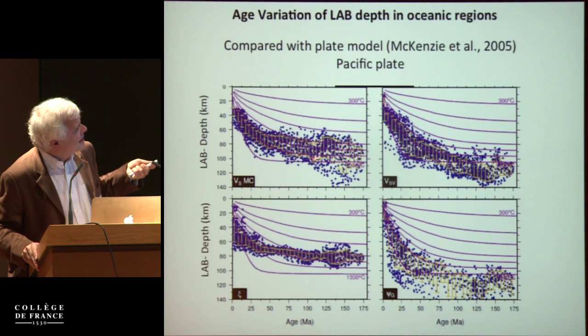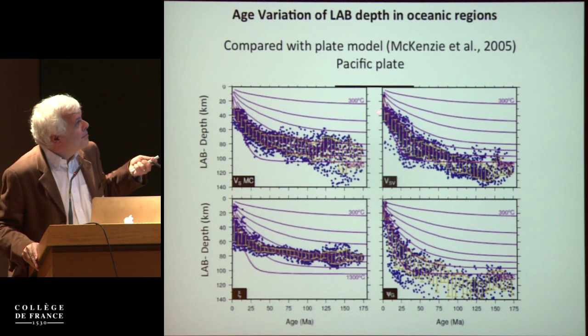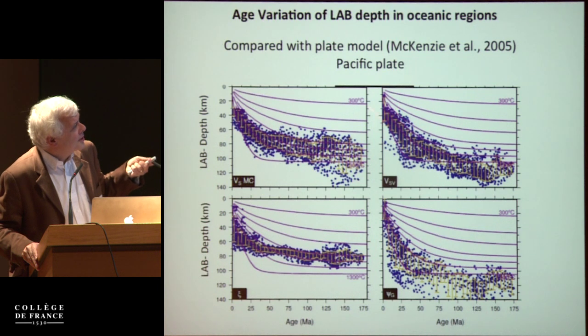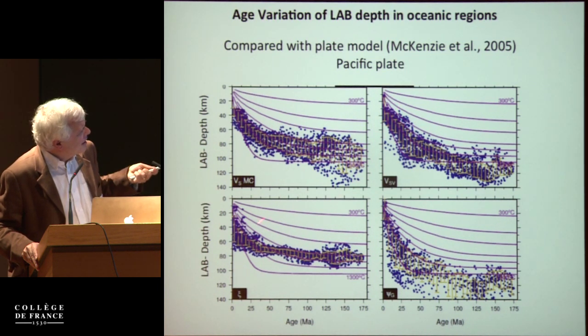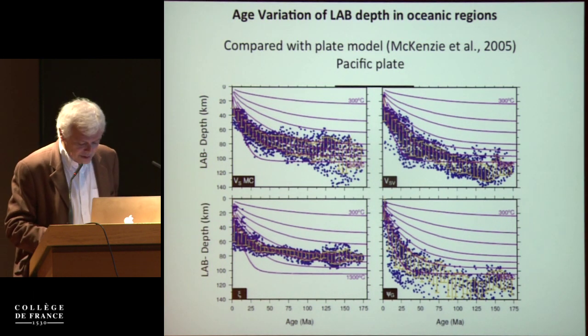In that case, we see that it's not so different, except that there seems to be some slightly better agreement at the younger ages, but not for the older ages. And of course, for radial anisotropy, we can imagine that we have also some kind of agreement if it is the lab.